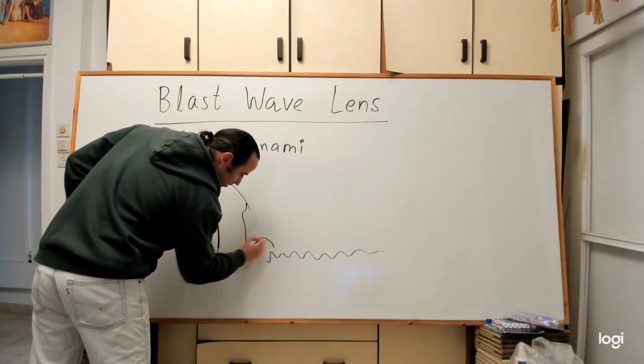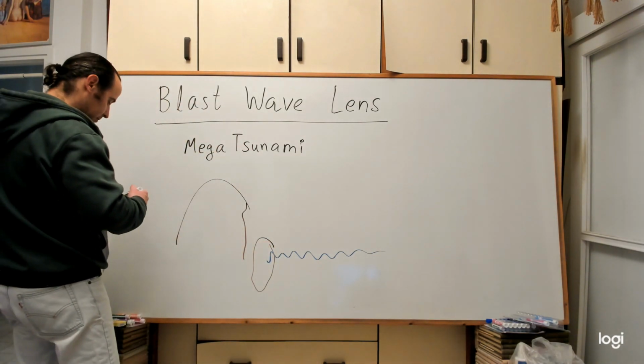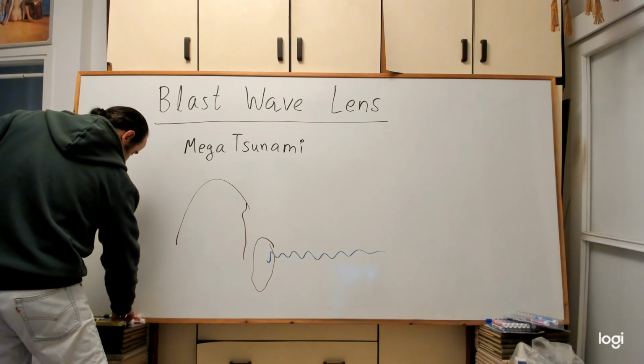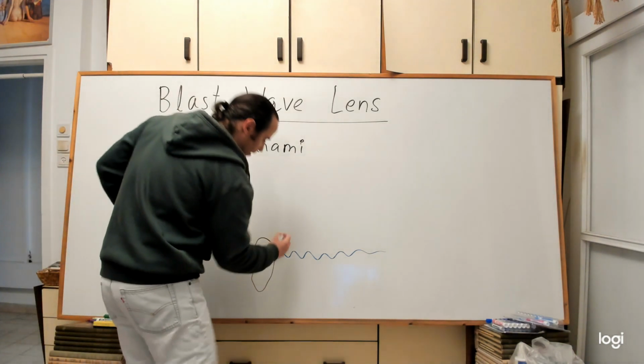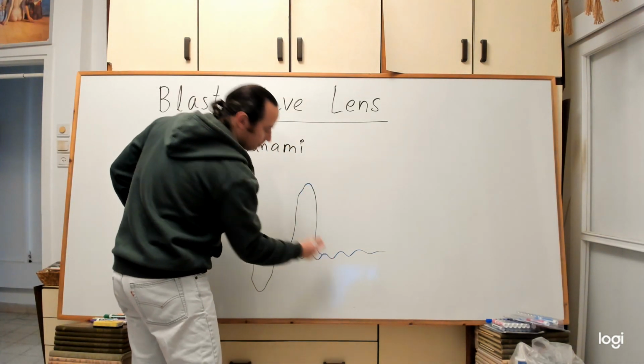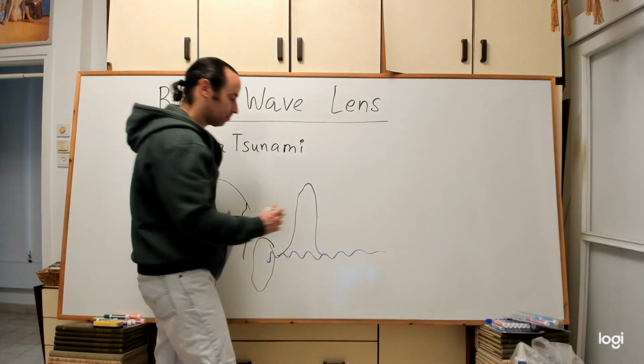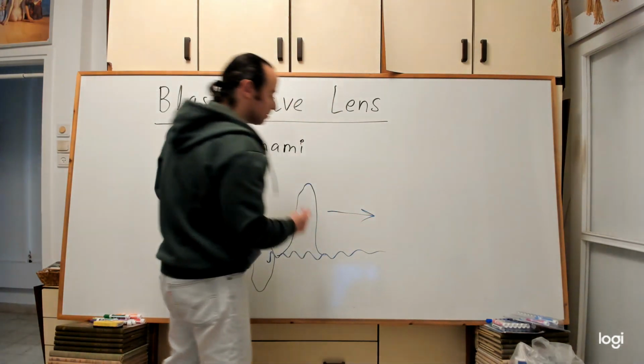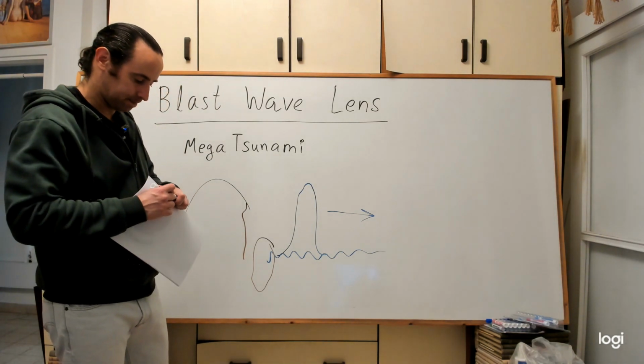When this piece falls into the ocean, it pushes a lot of water, and then you have this wave that travels really fast. So this is a mega tsunami.